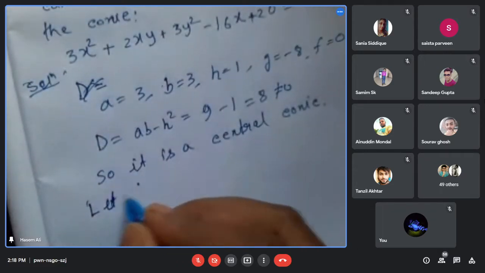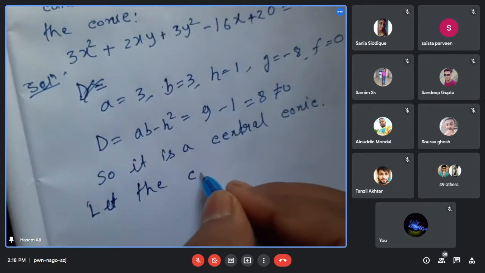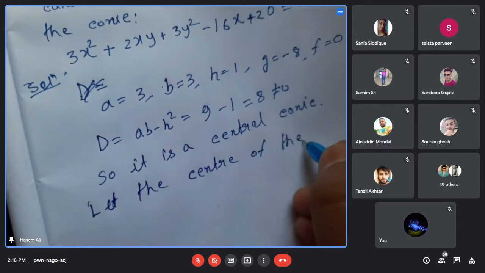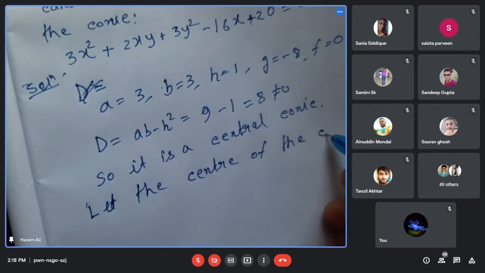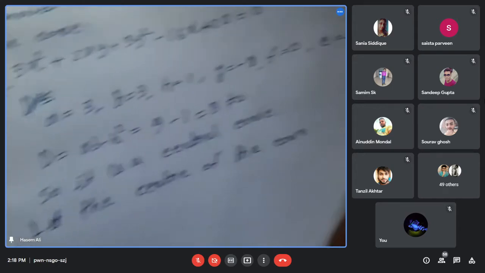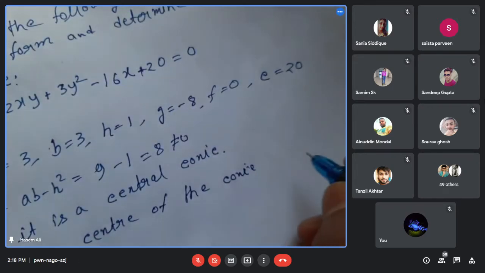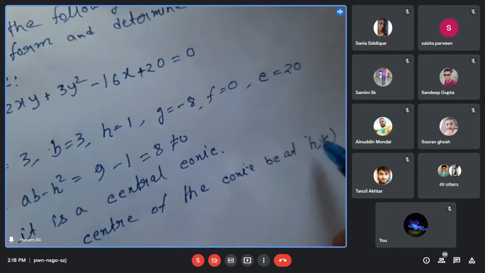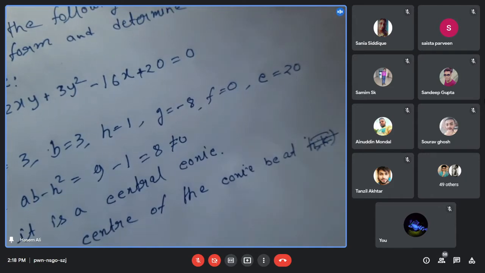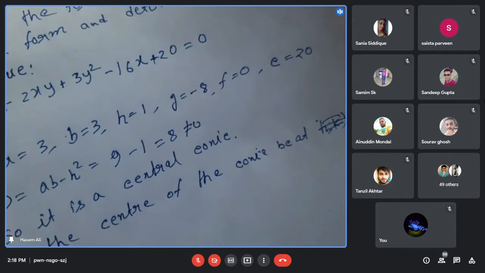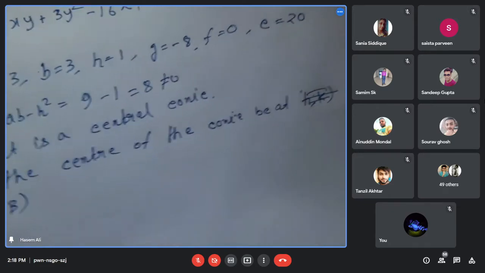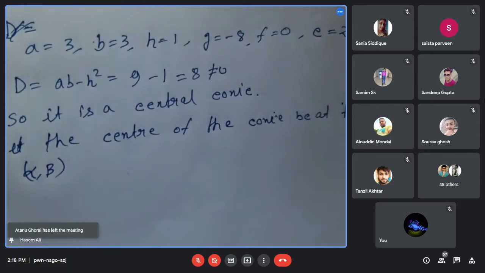Let the center of the conic be at H, K. No, we already have H present. Let the center of the conic be alpha beta. Okay.